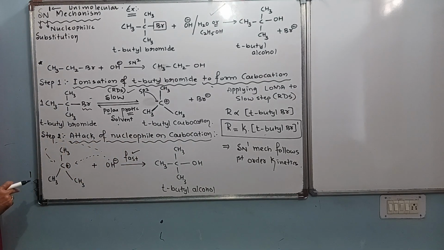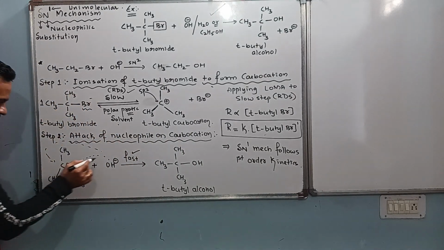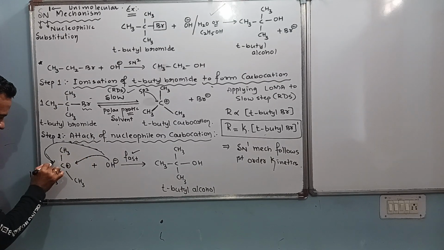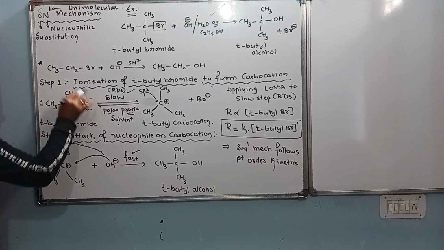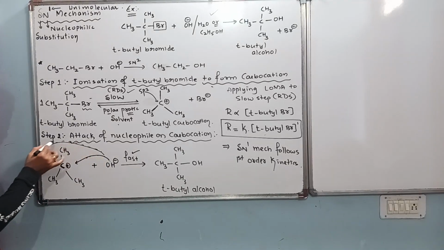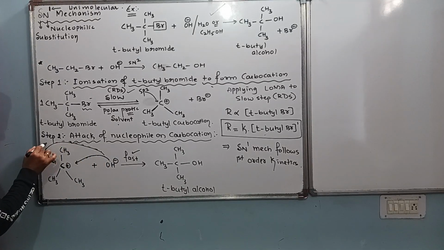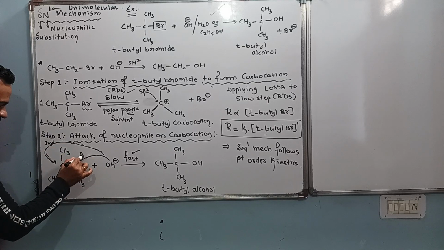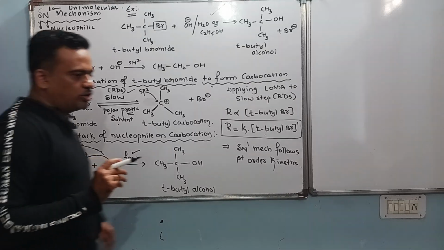And here, as far as the second step is concerned, the OH minus can attack from the front as well as from the back. Suppose you have taken a reactant molecule where you have an asymmetric carbon. Here, if the OH minus attacks from the back side, you would get an inverted product, and if it attacks from the front side, you would get a retention product. So there is a chance for both.